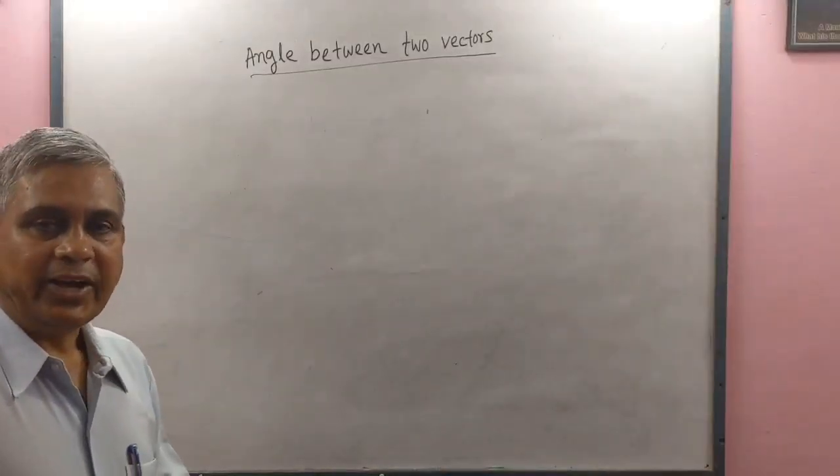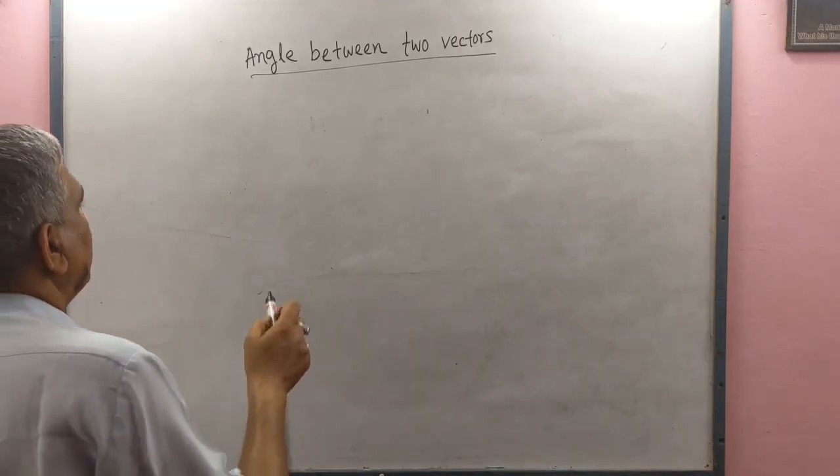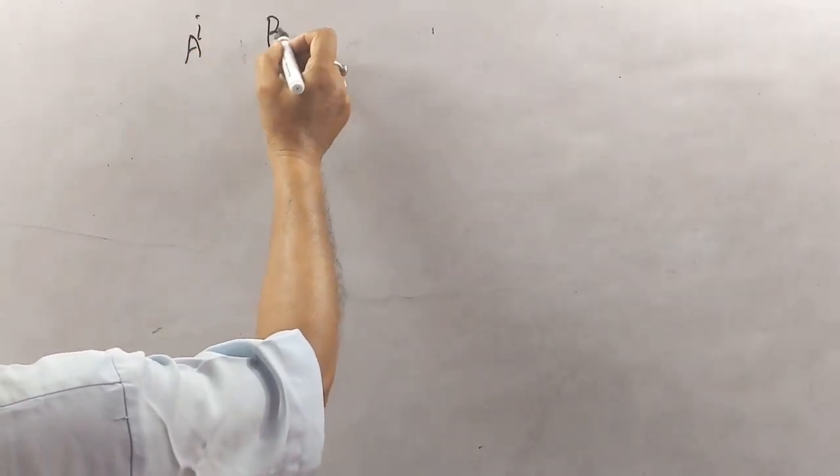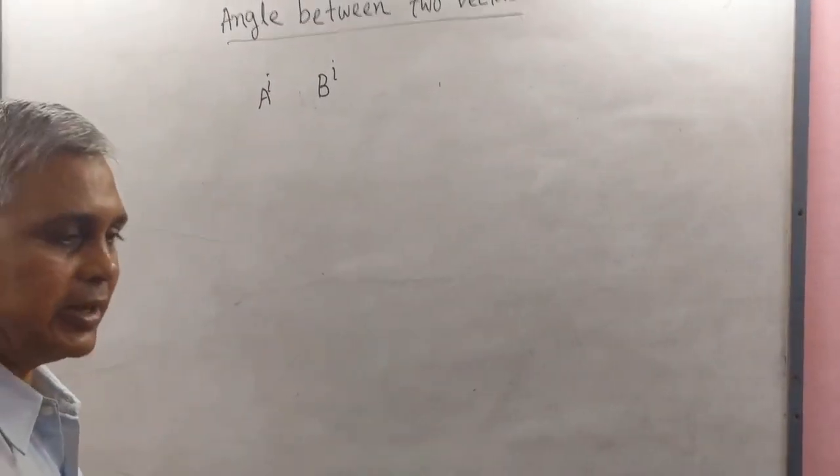We shall define angle between two vectors. Let Ai and Bi be two vectors, and let angle between two vectors be theta.